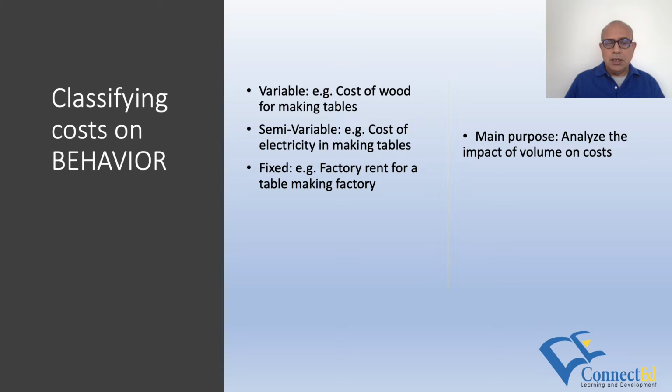In this lesson and in the couple of lessons that follow and are linked to this, we will use the classification based on behavior, or in other words, variable, semi-variable, and fixed. So the cost of electricity is an example of semi-variable cost, and factory rent is an example of fixed cost. So the main purpose of behavioral classification of cost is to understand how volume affects costs and then make decisions accordingly.